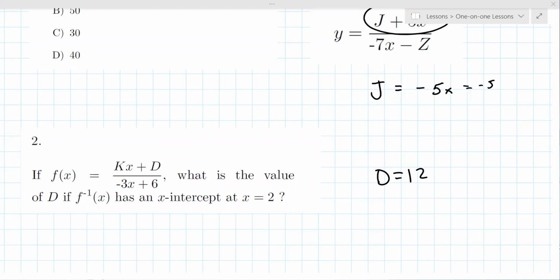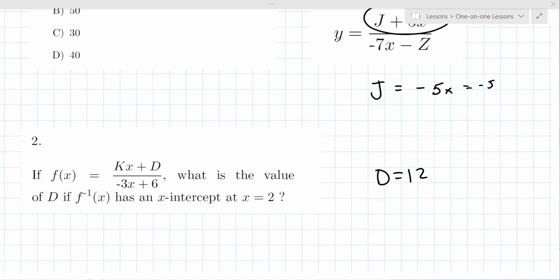I believe you still have to find the inverse, and then you have to set the bottom equal to 0. So let's just find that for you here. Here we go. Found some of those questions. Yeah, okay. So all you do is still find an inverse and everything.